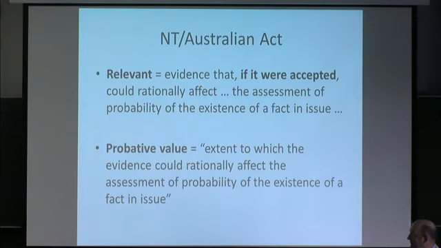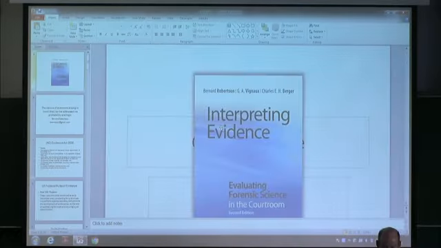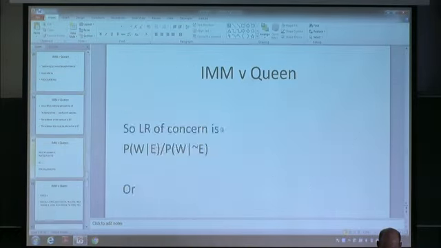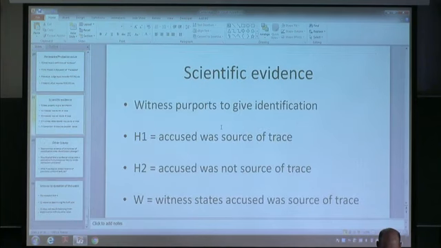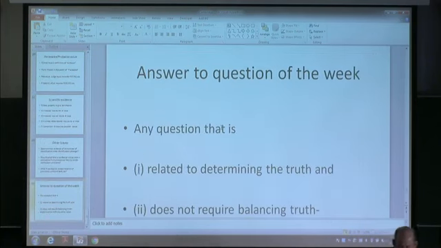Quick question. Can you put back your answer to the question of the week? Well, quick questions. I don't understand part two. You say, first of all, basically anything can be treated probabilistically. That's related to determining the truth. And what does part two mean? Does not require balancing?